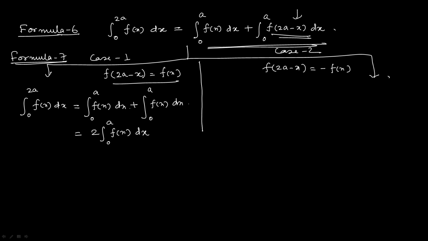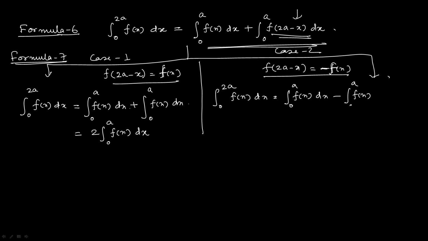Now for the next case, for integration 0 to 2a f(x) dx, previously it was equal to f(x), now it is minus f(x). So I am writing 0 to a f(x) dx, and now it will be minus of f(x) from 0 to a, so this becomes 0. Ultimately, sometimes it is giving 0, sometimes it is giving this.